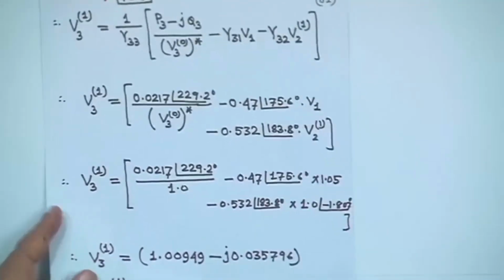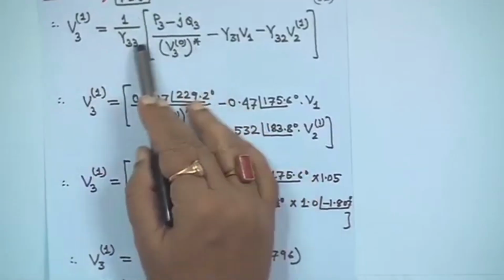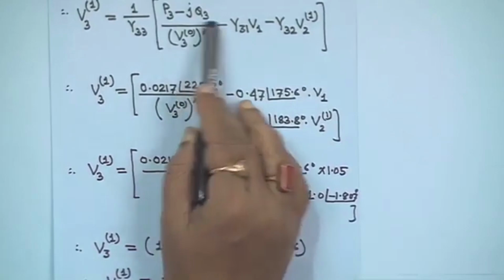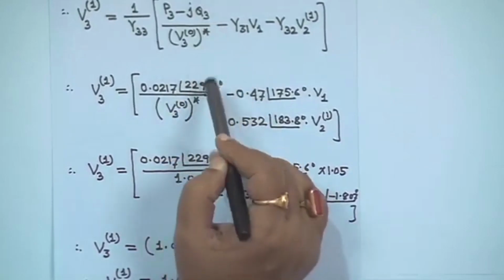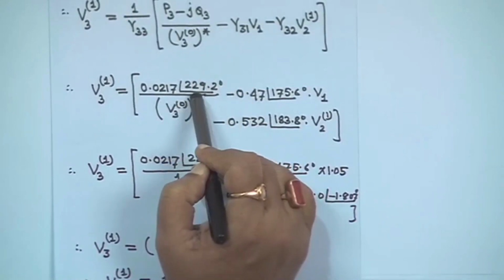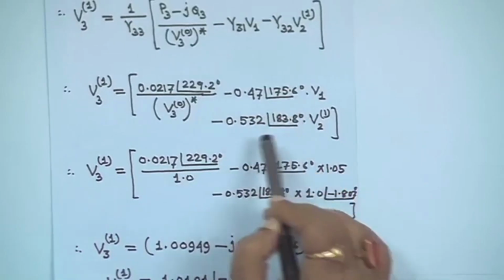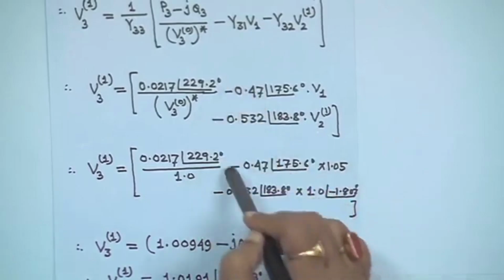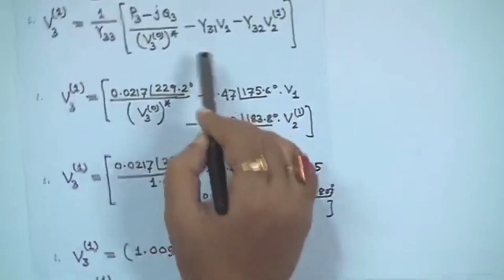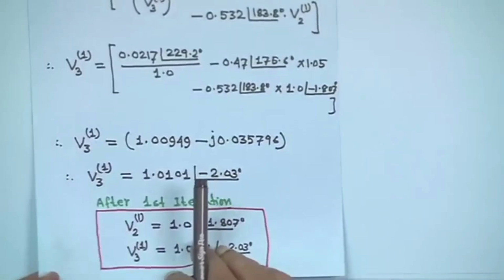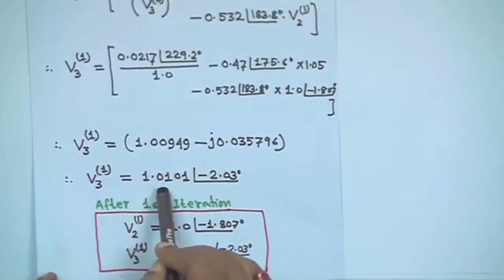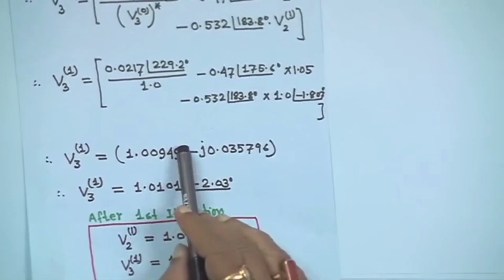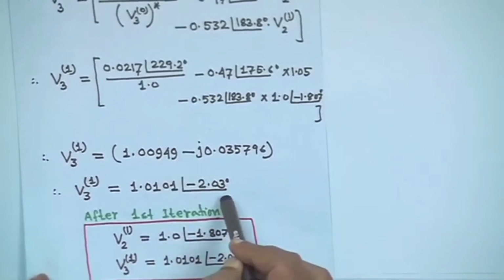With p equal to 0, for the first iteration V3^1, P3 minus jQ3 upon V3^0 we have already computed before, and the other terms are the same. So, you put all these values in the equation of V3, and you will get V3^1 is equal to 1.0101 angle minus 2.03 degree. V3 is a PQ bus, so there is no question of correction; directly you are getting it.